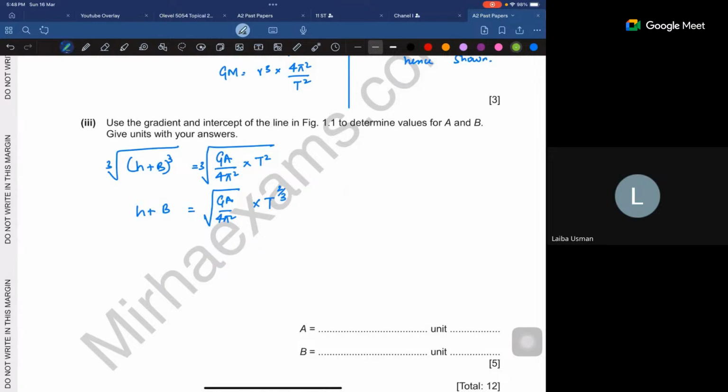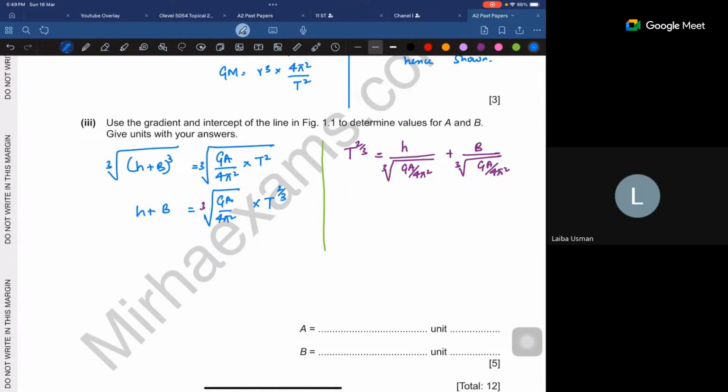We have to actually make T the subject, and if I make T the subject, T^(2/3), because this is on the y-axis, then this is a cube root. So this is going to be, I guess, H over the cube root of GA over 4π² plus B over the cube root of GA over 4π². Interesting.